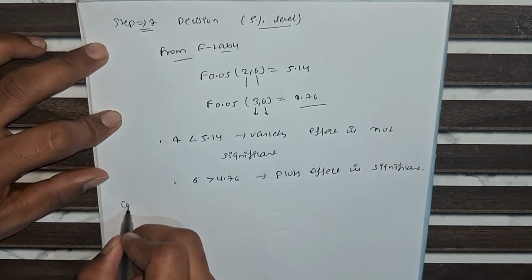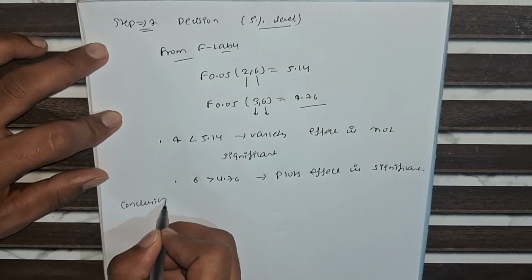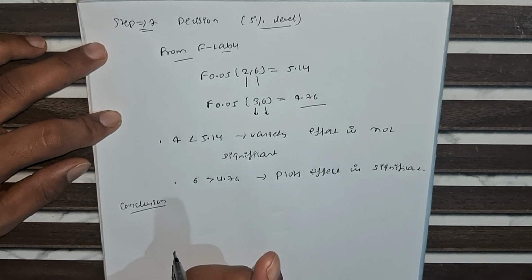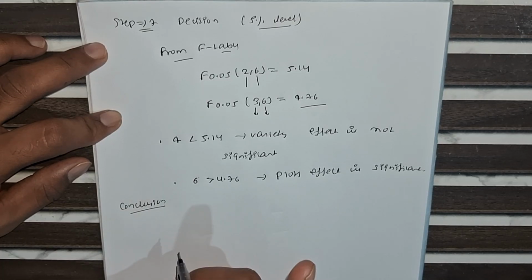So what is the conclusion? At 5% level of significance, there is no significant difference between the wheat varieties, but the difference between plots is significant.